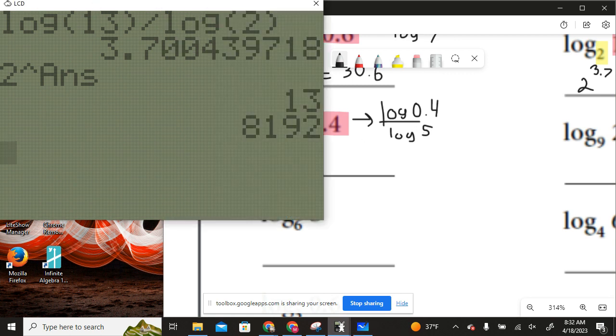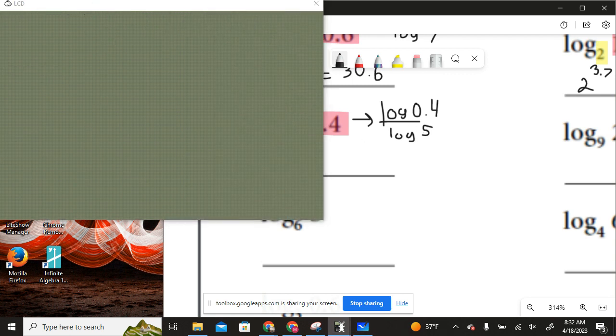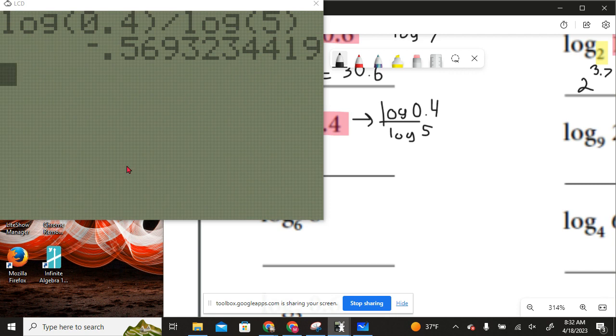All right, let's hit this math up. Log, we got 0.4. Make sure you close off your parentheses. And then that's divided by log of 5. Close that up again. And this right here gave us a negative decimal. So let's check to see if this negative decimal is in fact right.